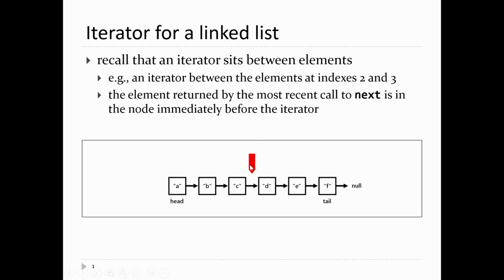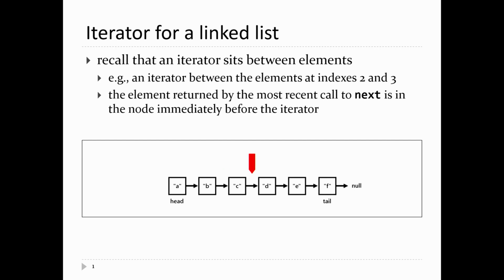Okay, so if this iterator is sitting here, and you call next on that iterator, the iterator is supposed to return the element in the node immediately before the iterator. So calling next on this iterator should return the C, and it should move the iterator one position to the right.